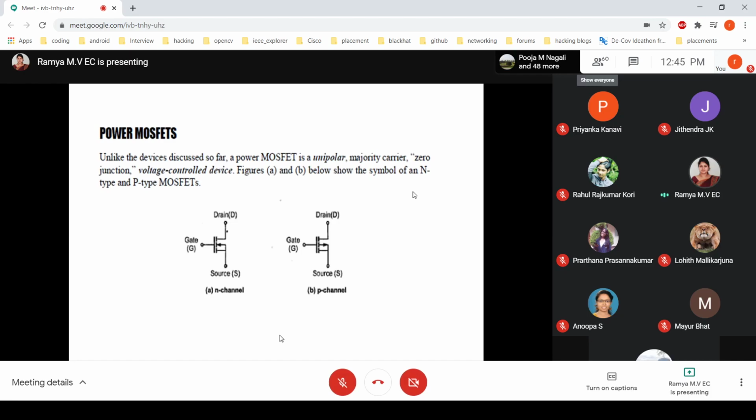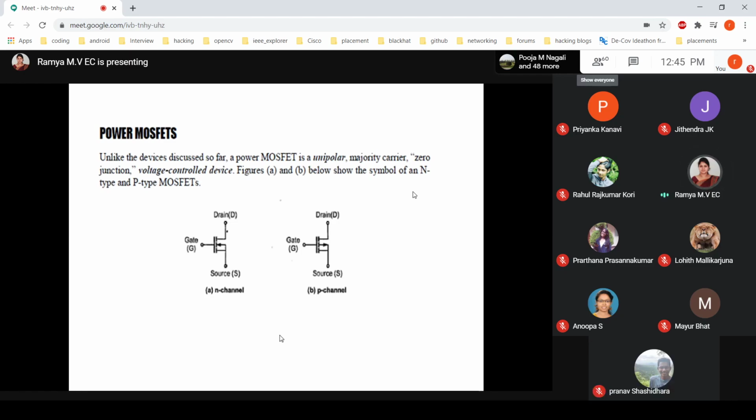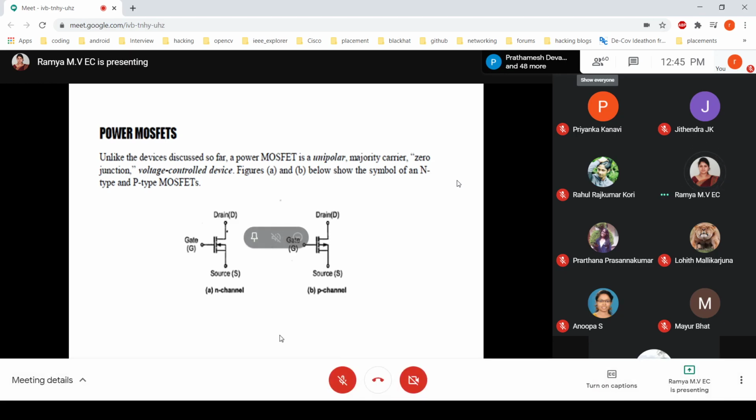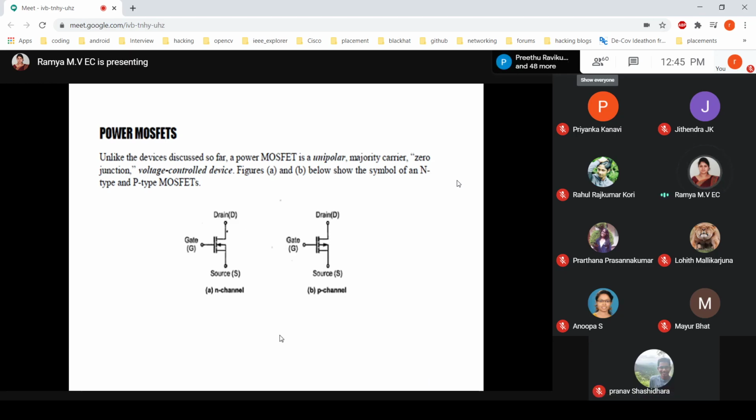Unlike the devices discussed so far, a power MOSFET is a unipolar majority carrier, zero junction, voltage controlled device. Unipolar majority carrier means we have two types, n channel or p channel. The majority charge carriers in the n channel are electrons, and in the p channel are holes.